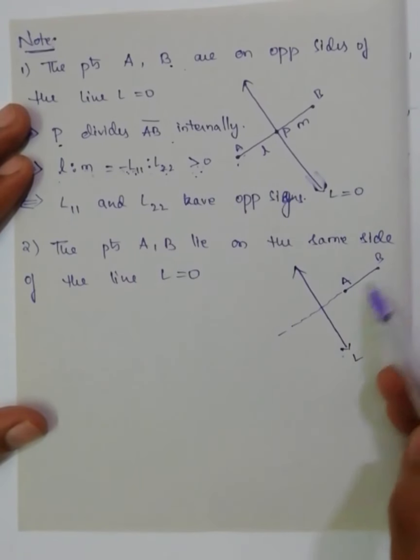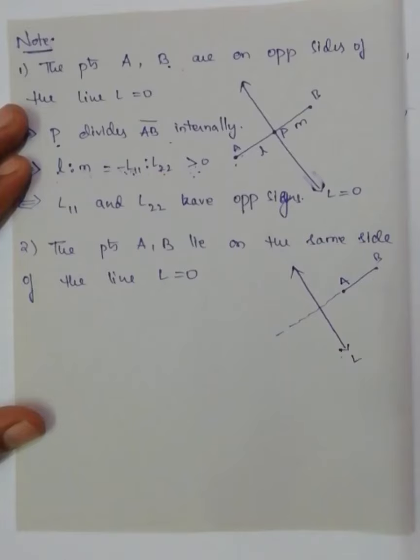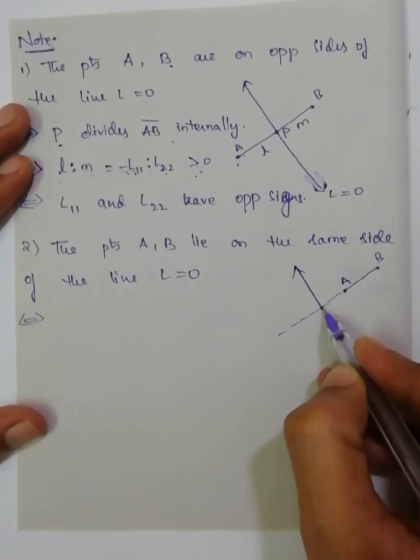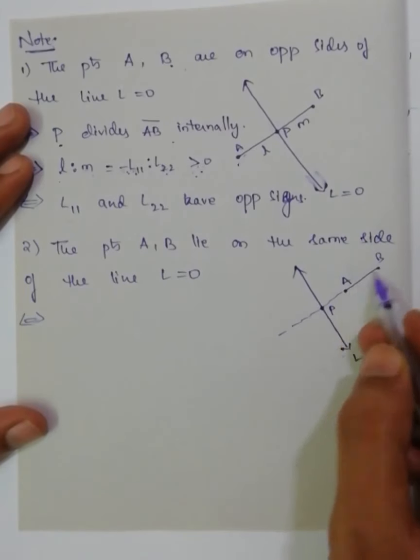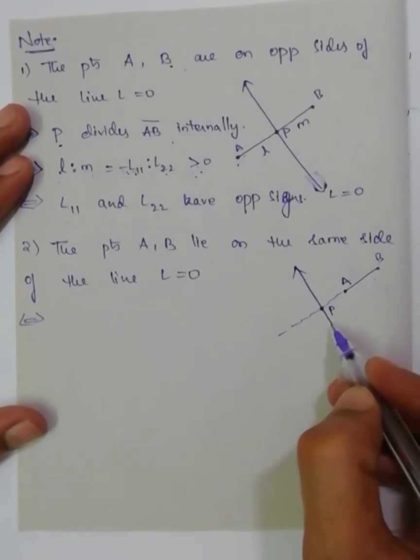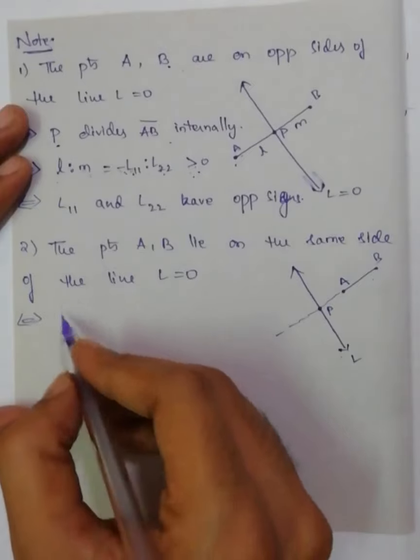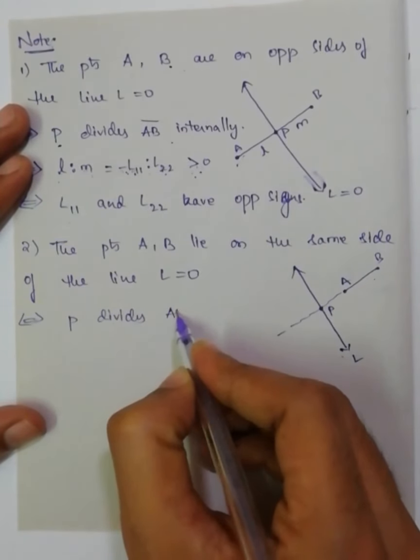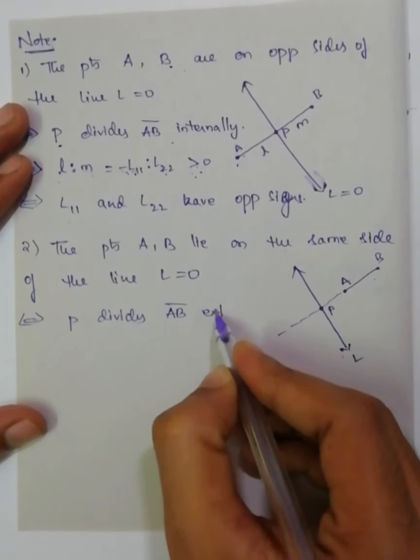Here clearly A and B are on the same side of the line. If and only if, then I can say that this P divides the line segment AB from outside, that is externally.